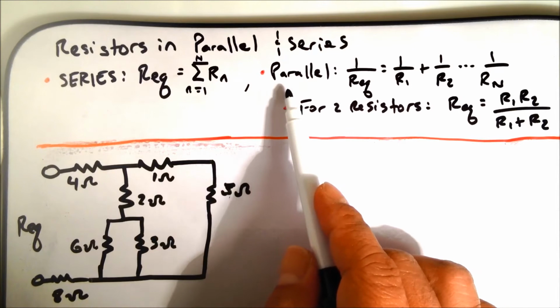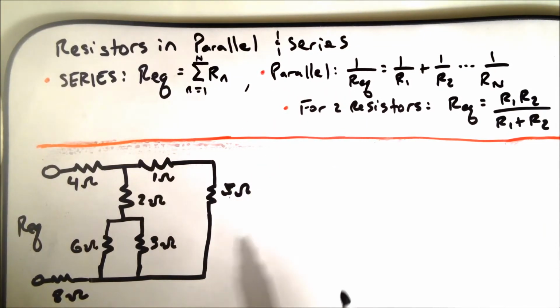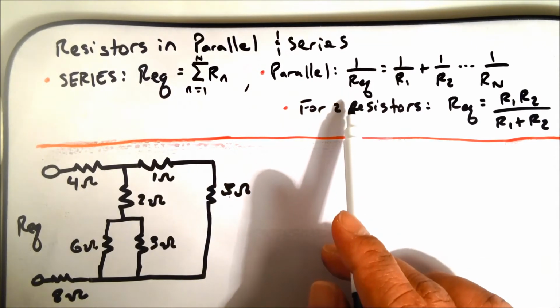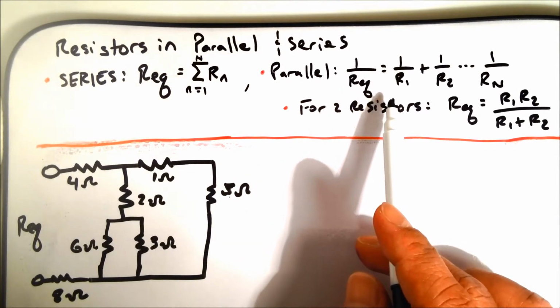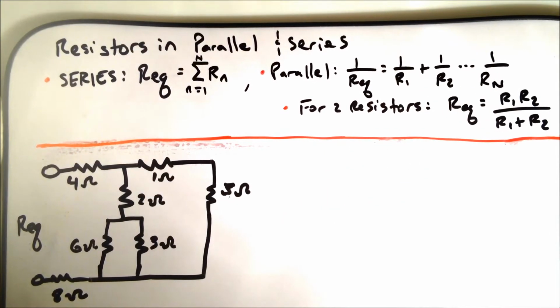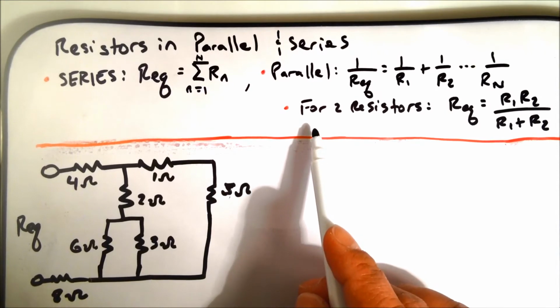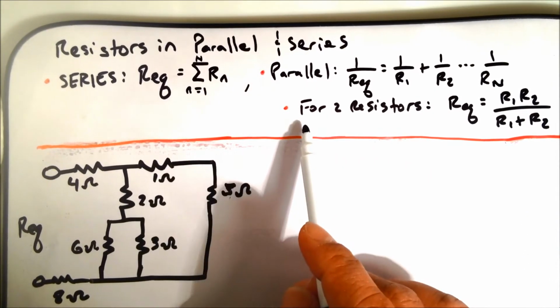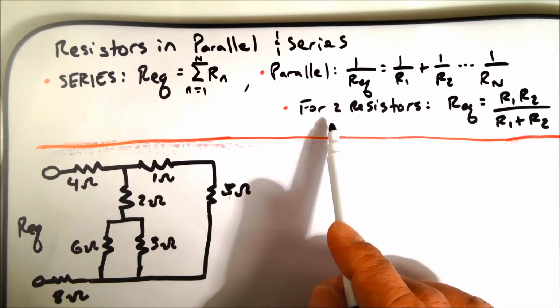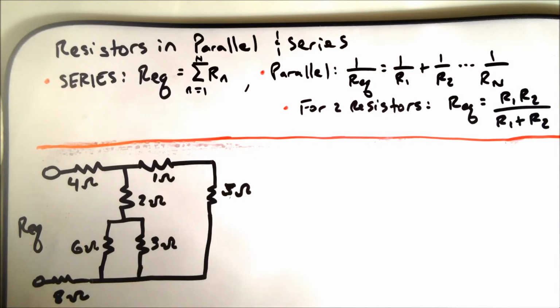And when you have resistors in parallel, the equivalent resistance is kind of tricky to calculate. 1 over the equivalent resistance is equal to the sum of the reciprocals of all the resistors that are in parallel. In practical analysis, we usually just do equivalent resistances of two parallel resistors at a time.